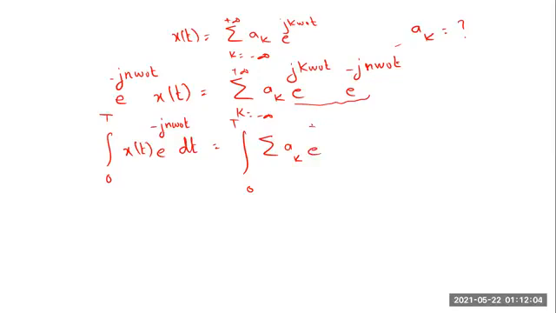So we get e to the power plus j omega naught t times (k minus n). Let me change the order of operations on the right hand side. Let me bring the summation operator outside, and this constant also outside of the integration.